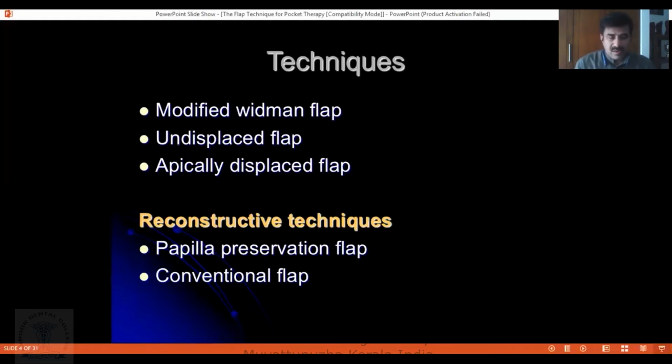And whenever you are trying to incorporate regenerative techniques, which I mentioned earlier, you probably go for these 2 types of flap, which are the papilla preservation flap or a conventional flap. We are going to discuss the steps in doing any of these flap surgeries, and any of these techniques can be asked as a short note in the exam. That is something that you should always know.